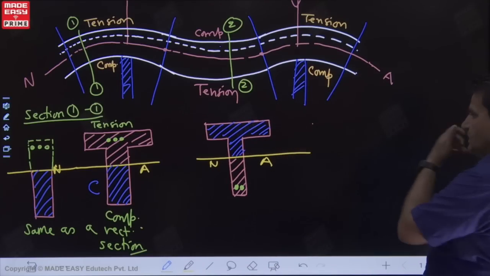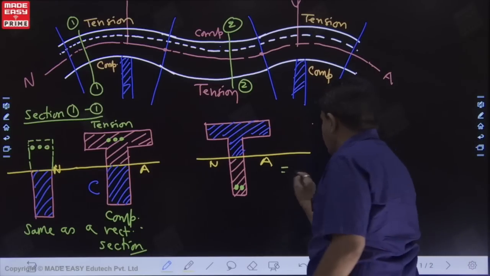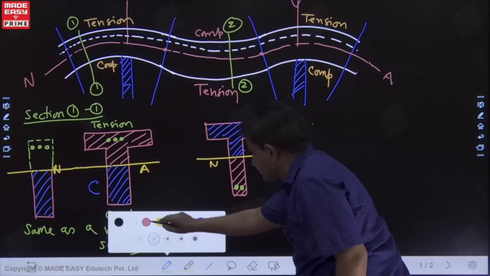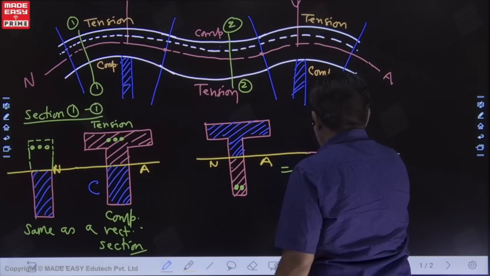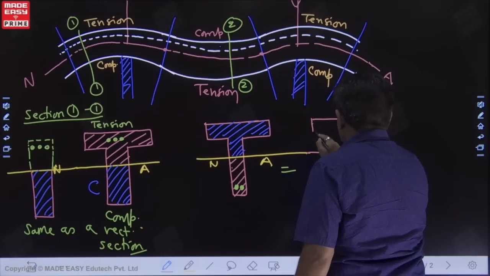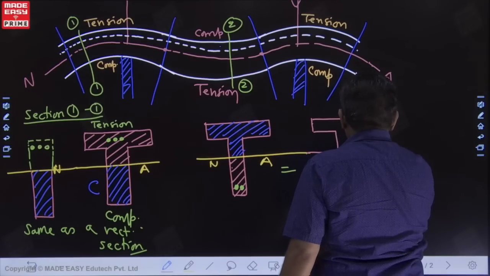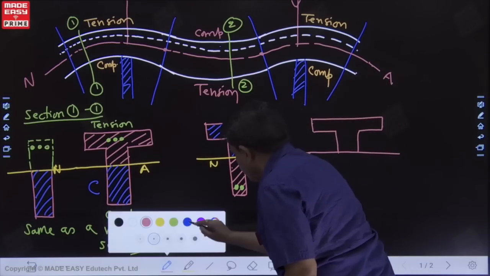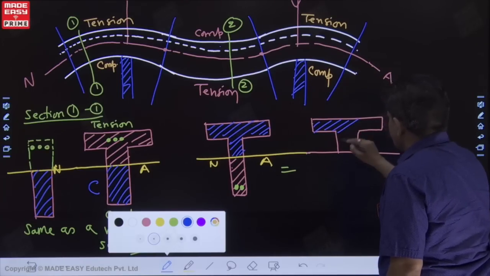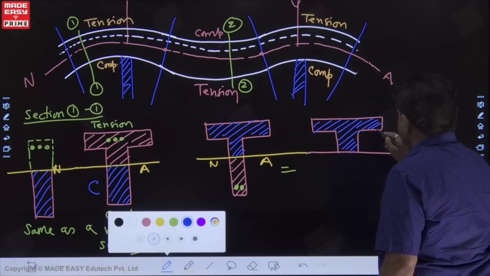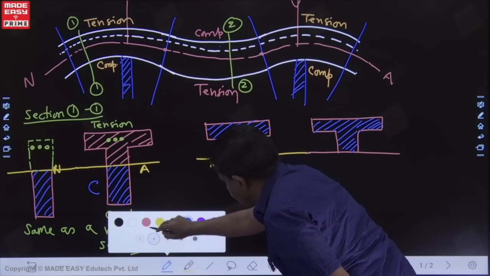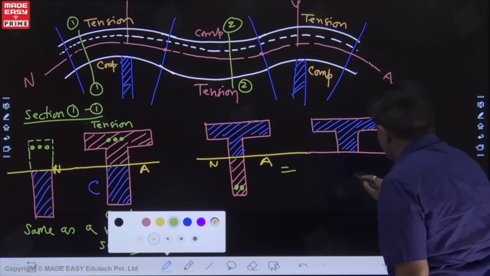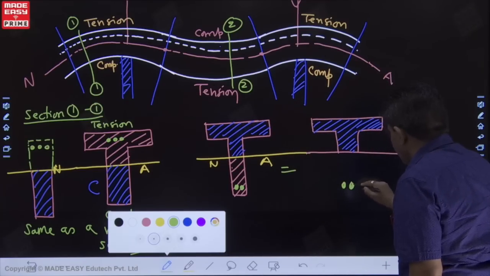So what will be the equivalent area that you will use in this case? Understand? See the beam. Your beam on compression side will be used completely, because this is in compression. This area you will use, and on tension side you will neglect. So that area you will neglect, and you will have only reinforcement on this side.